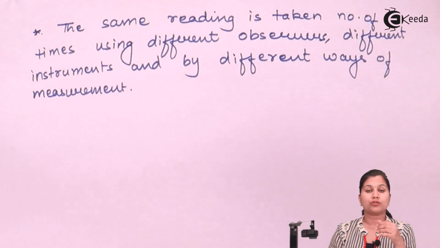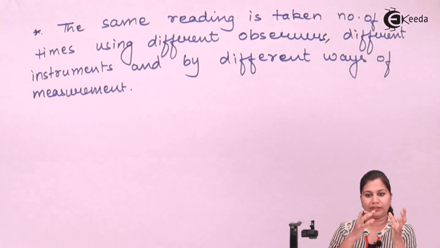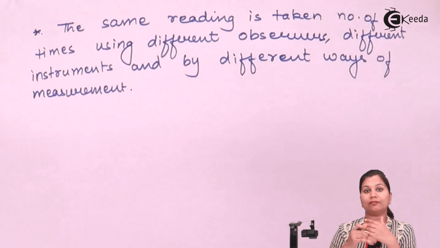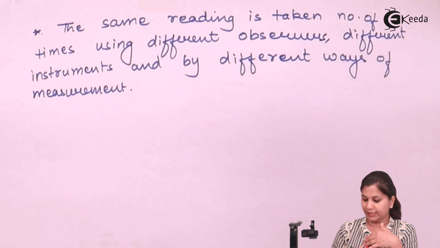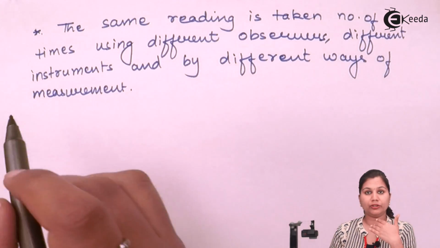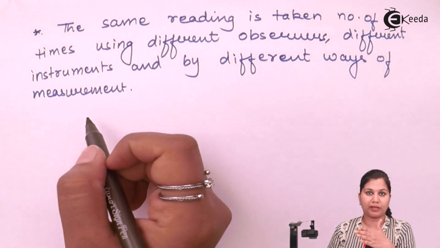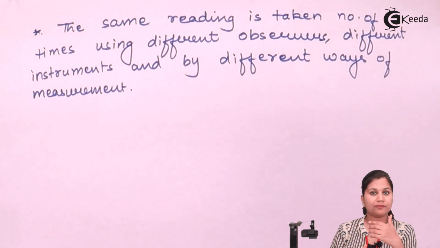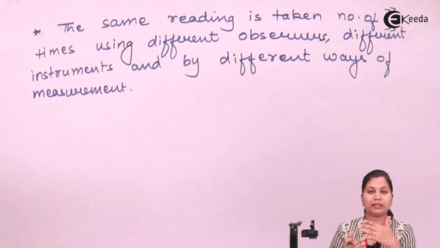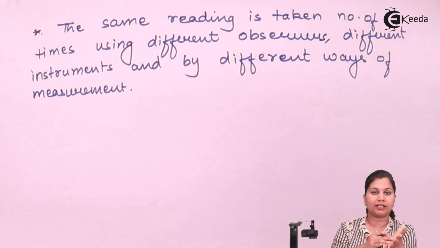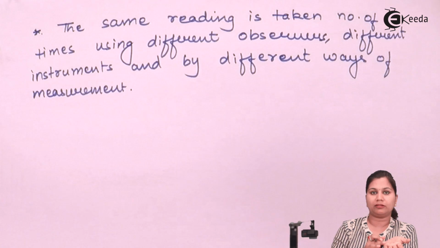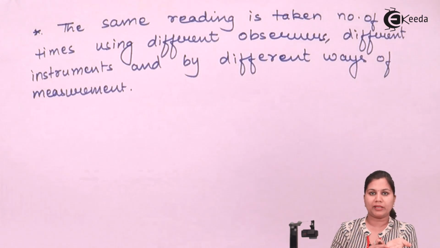So we are checking what will be the effect on the readings if we use different instruments. Also, we are using different ways of measurement, like the method used for doing that measurement is also different. Suppose first time we used method 1, second time method 2, third time method 3.